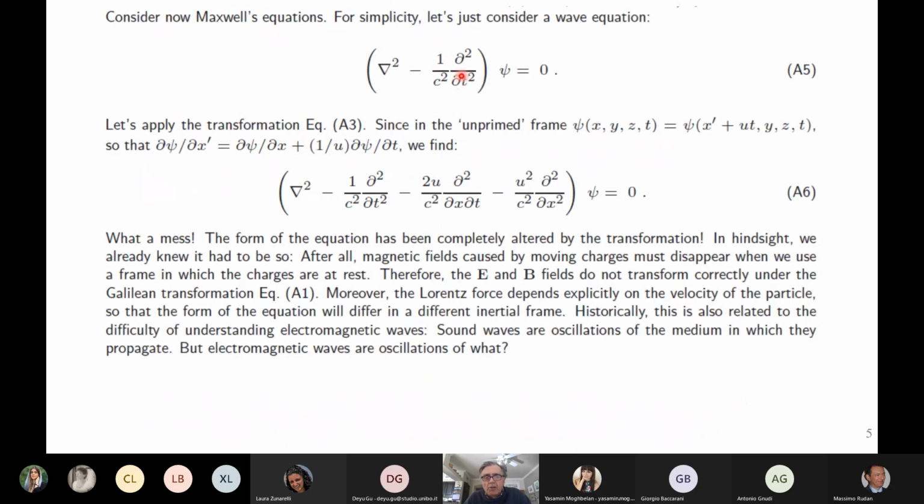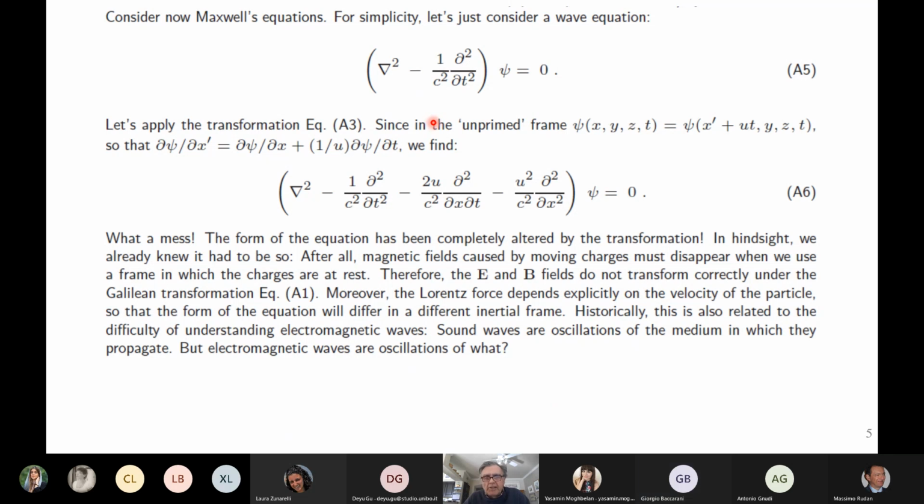And indeed, if you go and try and write a wave equation and convert it by shifting from one reference frame to another, you don't get the same expression. And that's because it's a different, if you want, faces of the same problem, which keep popping up. The electric and the magnetic field are not really different objects, but they have to be lumped into a single object, which will be invariant under different type of transformations.